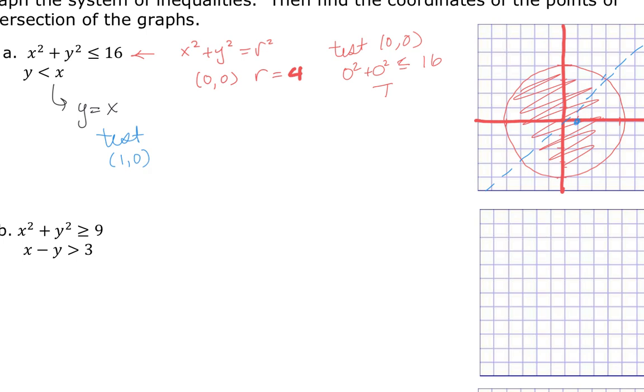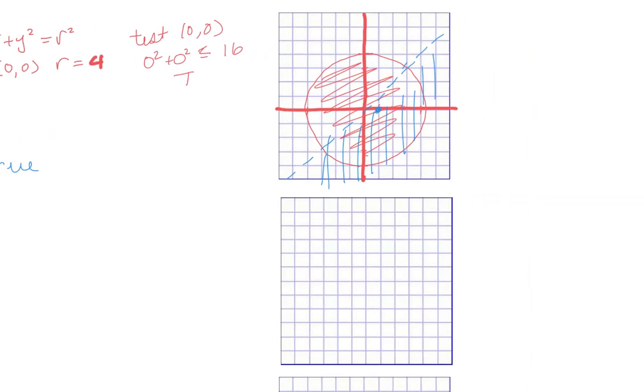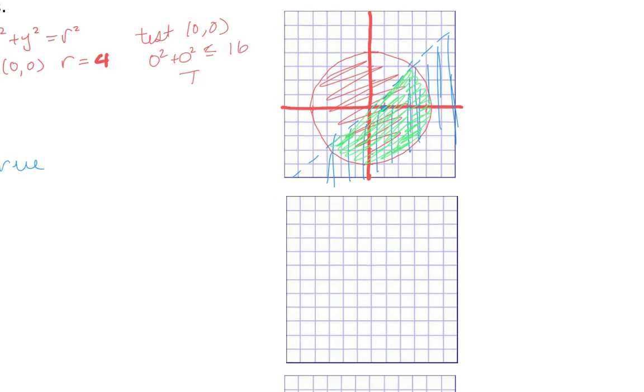So is 0 less than 1? Since this is true, I'm going to shade from the line toward my test point. Now my solution is the part of the graph in which they're both shaded, so I'm shading this in green. Okay, so that's the solution when we're doing inequalities.